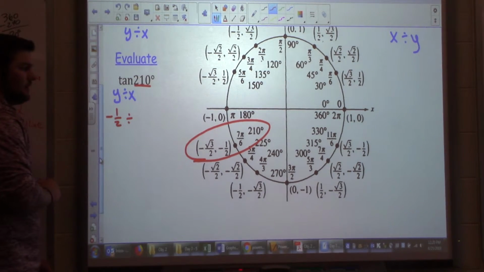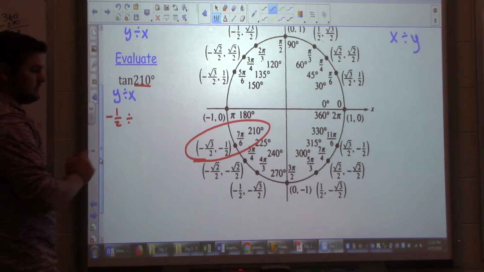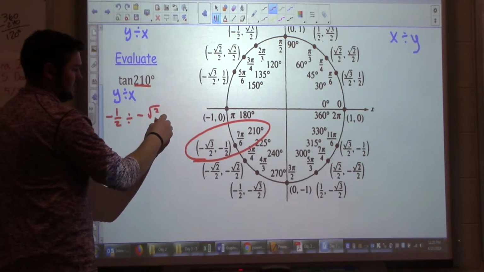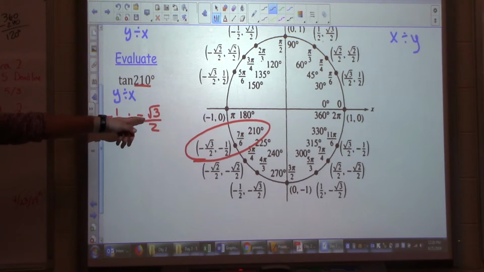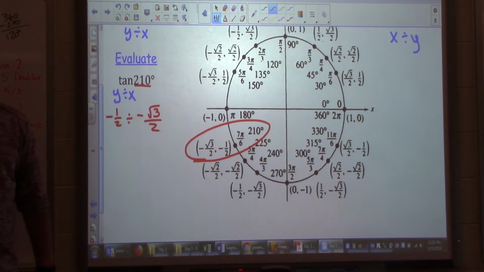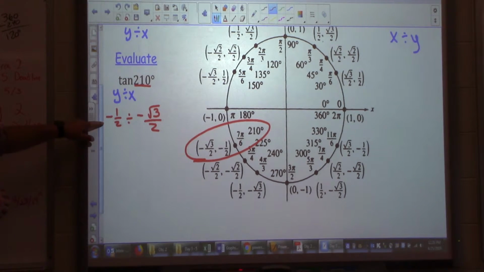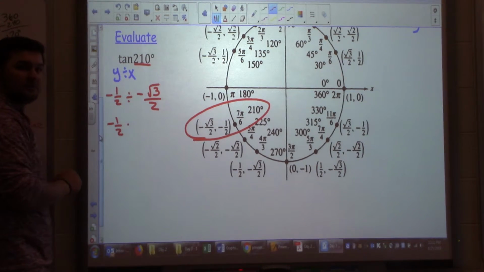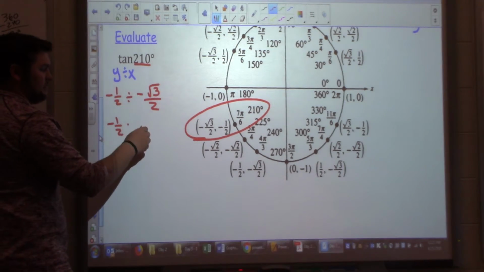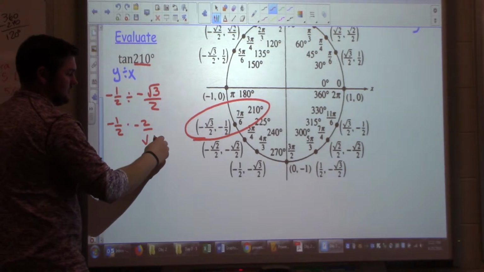Divided by, what is my x value? Negative square root of 3 over 2. Hey guys, can I divide by a fraction? No. Keep, change, flip, or multiply by the reciprocal. So keep negative 1/2, change division to multiplication, flip your second one, negative 2 over square root of 3.